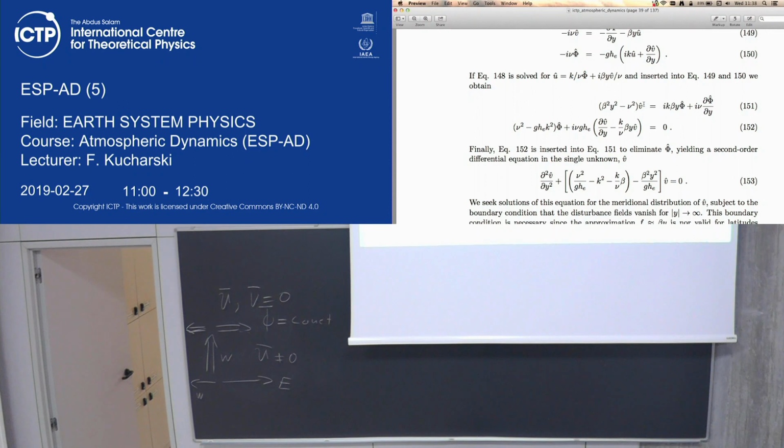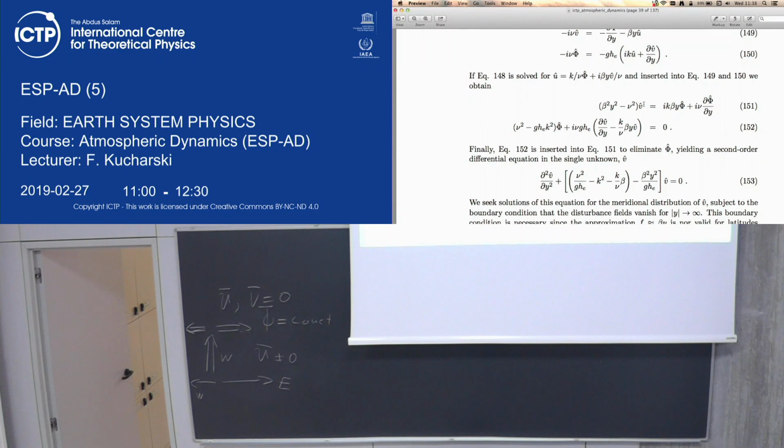You can do this. But note that here, and this comes back later, by doing this, we divide by this term here. So we assume that this cannot be 0. This has to be different from 0 if we insert this there. And then we get this equation here. So we kind of remove a gravity wave solution by doing this.